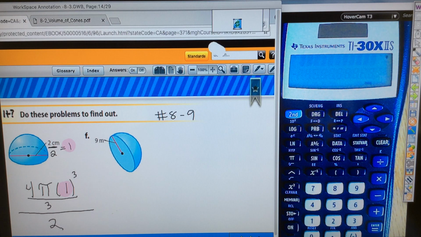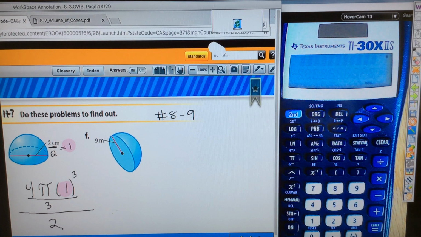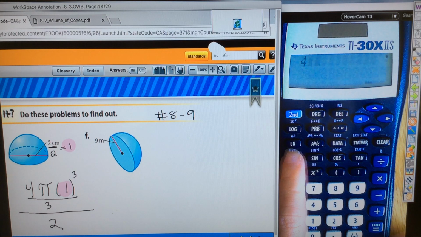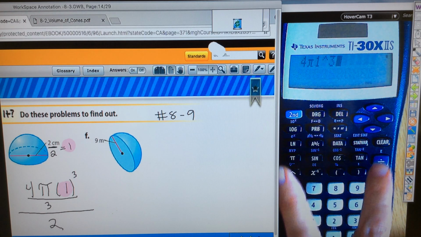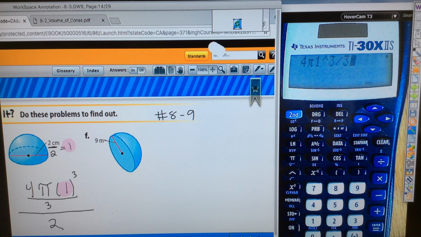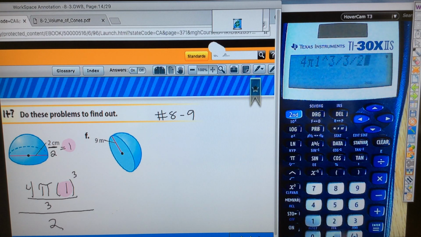So let's see here. 4 pi, 1 to the power of 3, which guess what, is just 1. 1 times 1 times 1 is still 1, right? All of this, let's see what happens. Divided by 3, so this would be the whole sphere. Now divided by 2, that's the hemisphere. That's half of a sphere.